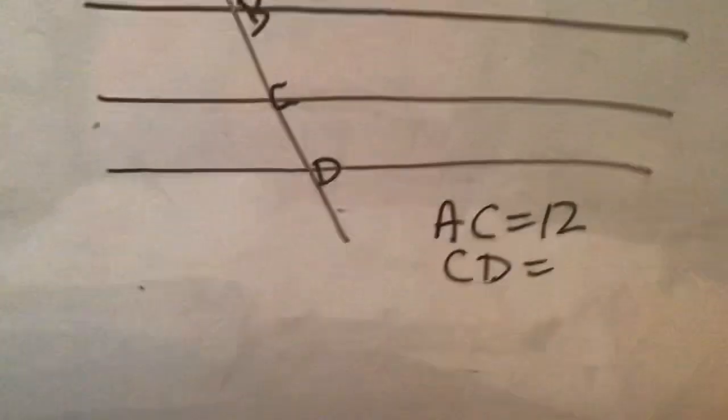So if I know that AC, I'll show you the picture in just a minute, I want to get this written down. If I know that AC is 12, then CD is equal to what? So this is the kind of question that you're going to get from this type of thing.